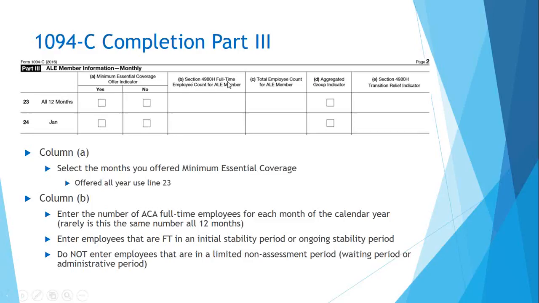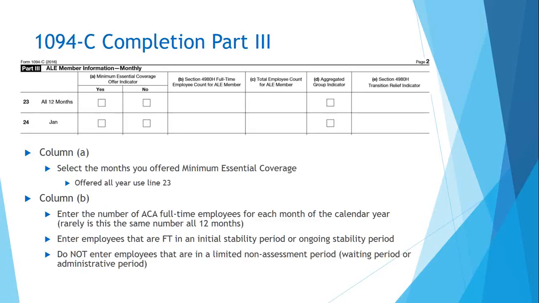So here's that column B, full-time employee count. You don't need to complete this section if you're able to certify that you offered the plan to employees and dependents to at least 98% of your full-time eligible employees. If you aren't quite sure or don't think you can prove it, then you do need to complete each box here for each month out of the year.